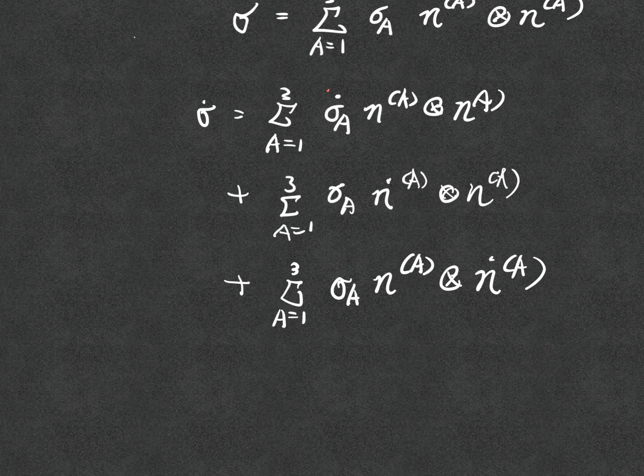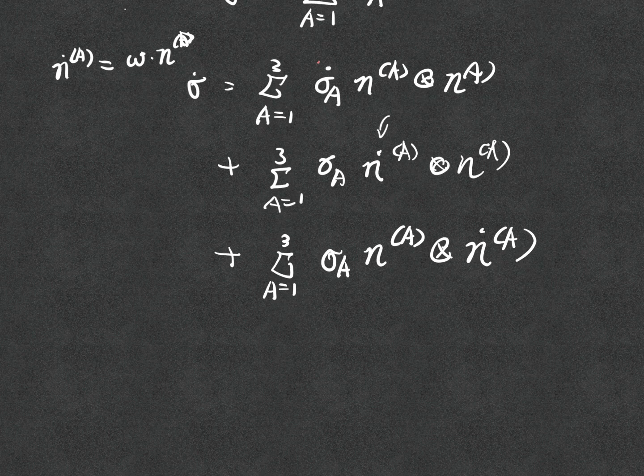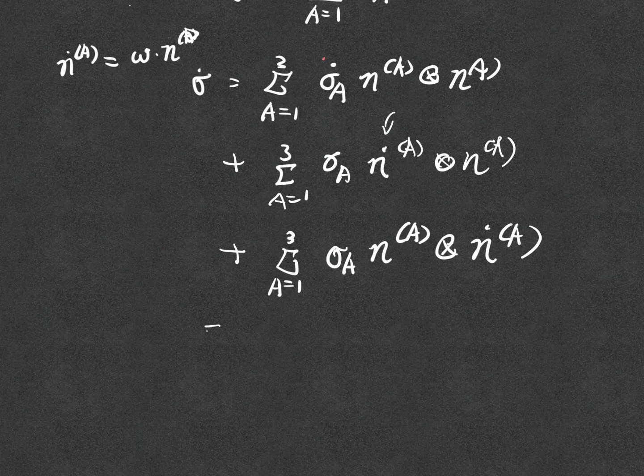But anyway, the first thing I would do is rewrite this. Remember what is n dot a? N dot a is equal to the spin tensor times the n a itself, right? Before I did that, let me substitute what I have here.